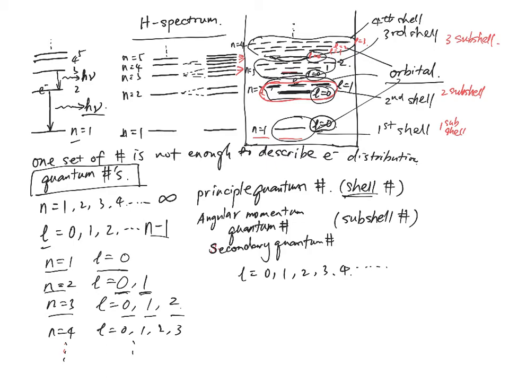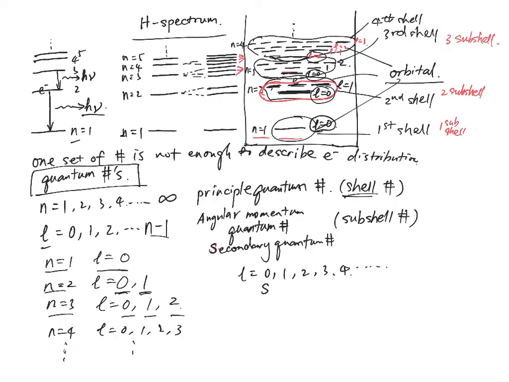If L equals 0, we say this is the s subshell. So the lowest energy subshell of each shell can be labeled as s.